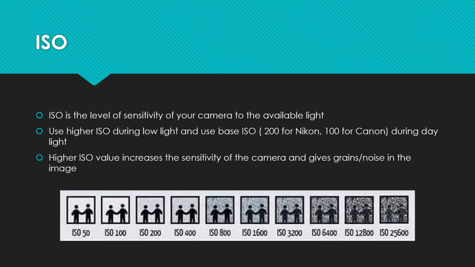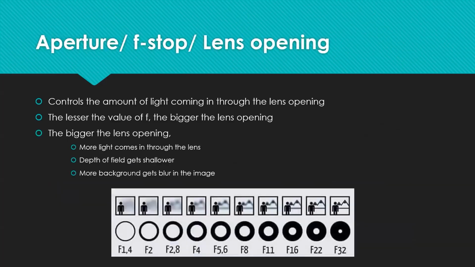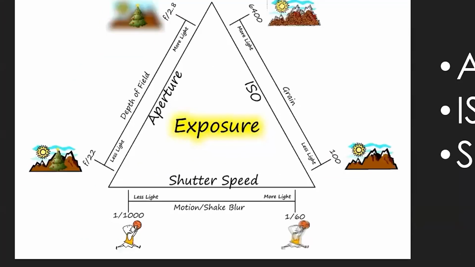What you also need to understand about ISO is that when you have a higher ISO and the sensitivity of the camera increases, that will give a lot of grain or noise in the image. So keep the ISO at the base value and play around with the other two, the aperture and the shutter speed, allowing enough light for the cake, whether you want a really bright picture or you just want it in a gray background and don't want it too bright.